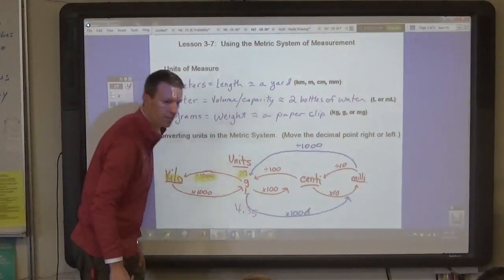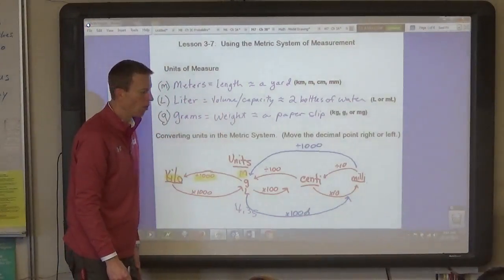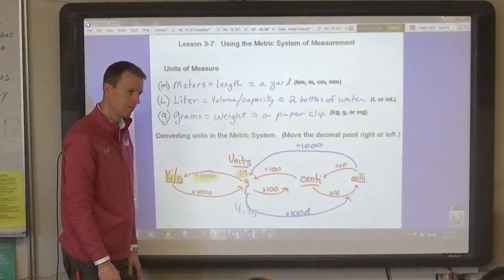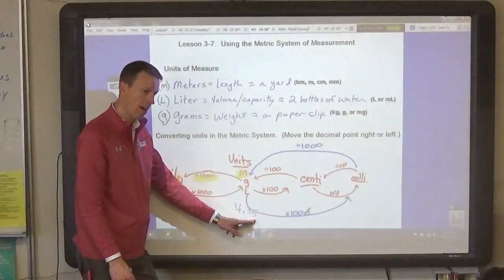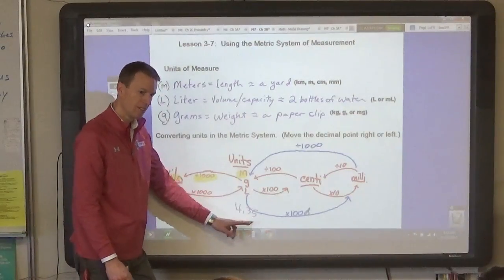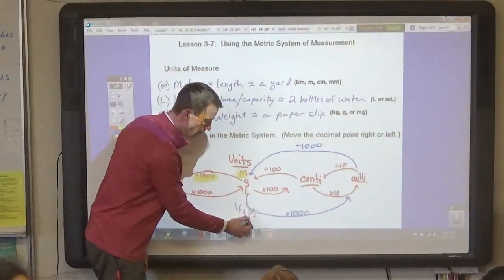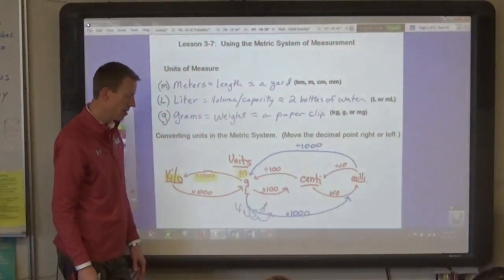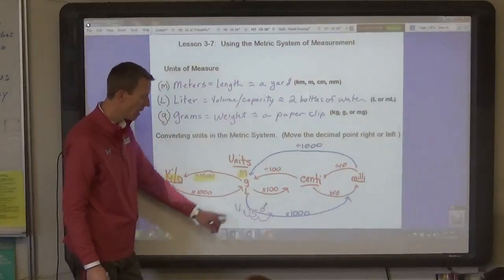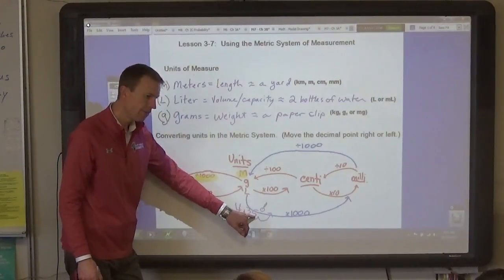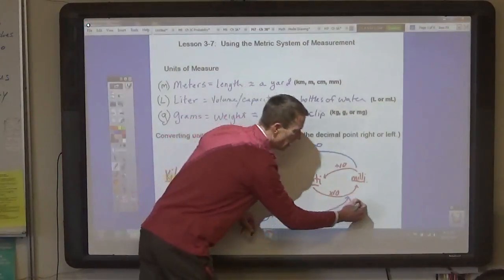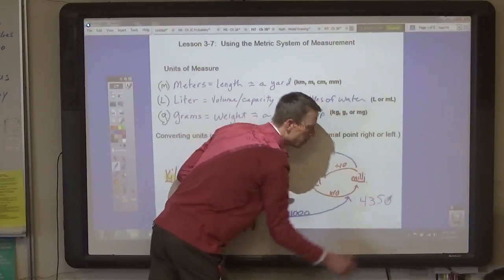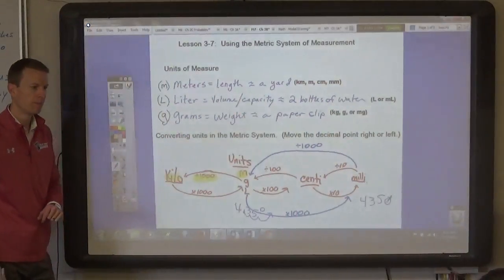How many places? 1,000. You can move it past the 5. So we can move it 3 places. And so 4.35 liters is 4,350 milliliters.